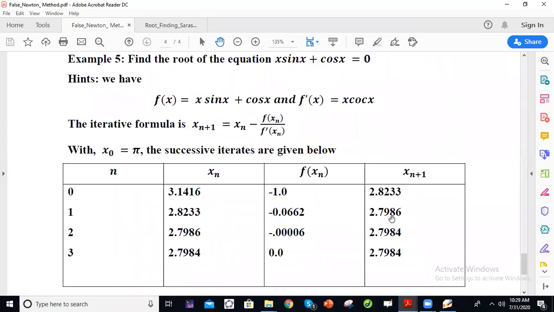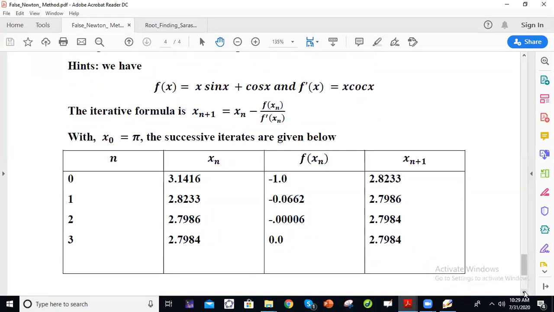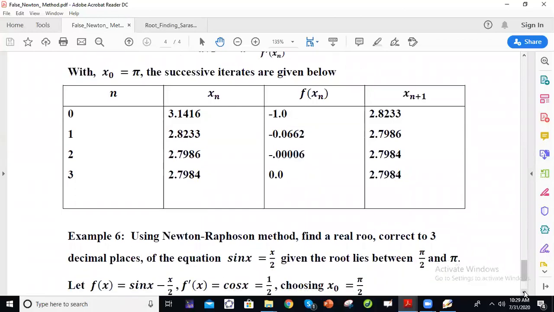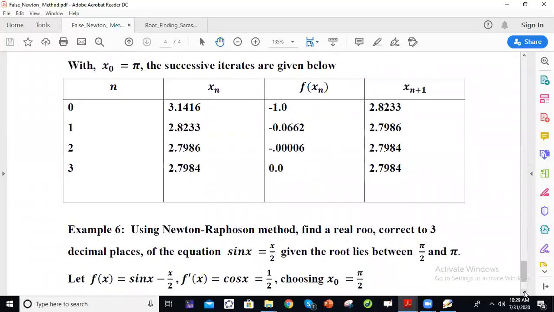See here, x4 equals 2.7984. See x4 and x3. These two are equal. The absolute difference of x4 minus x3 is 0.000, right? It means our required solution is correct to 3 decimal places.